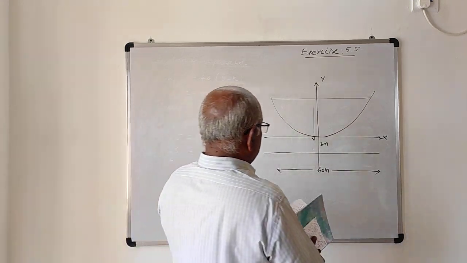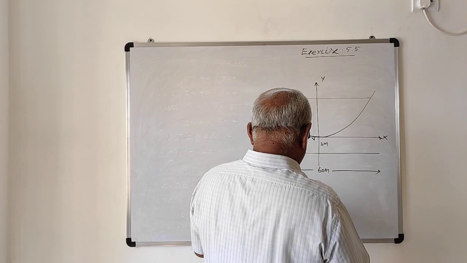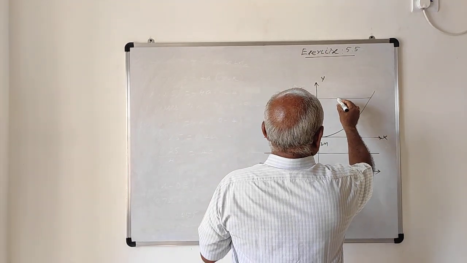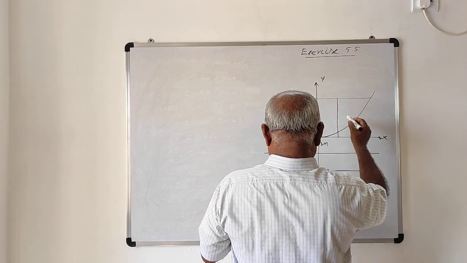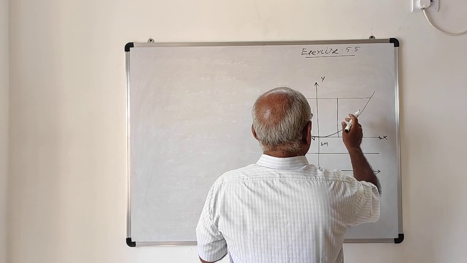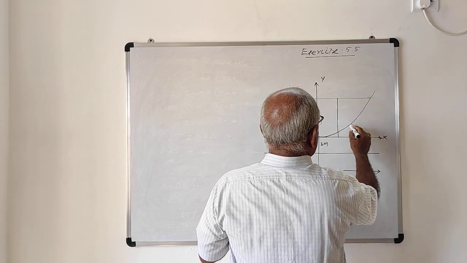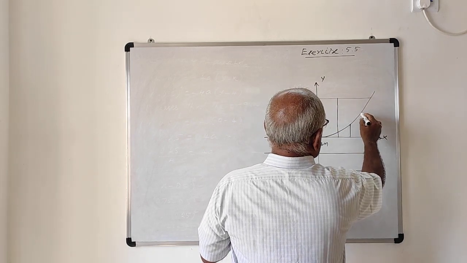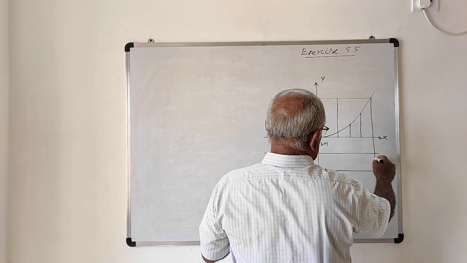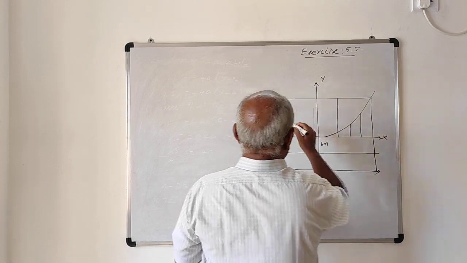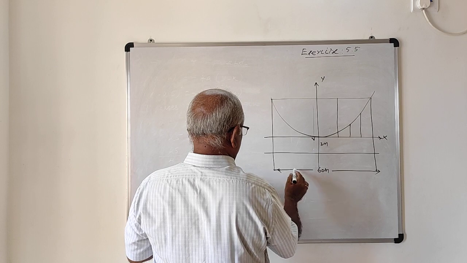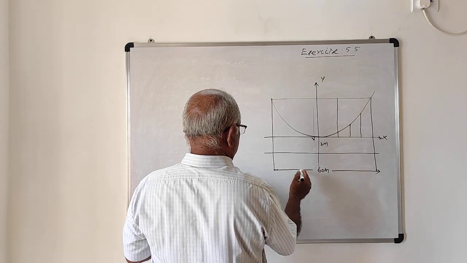So supporting cables are there every 6 meter, like that. This is your 60 meters width.